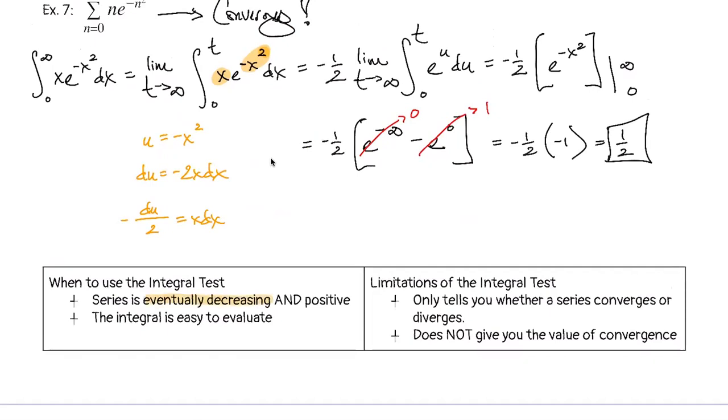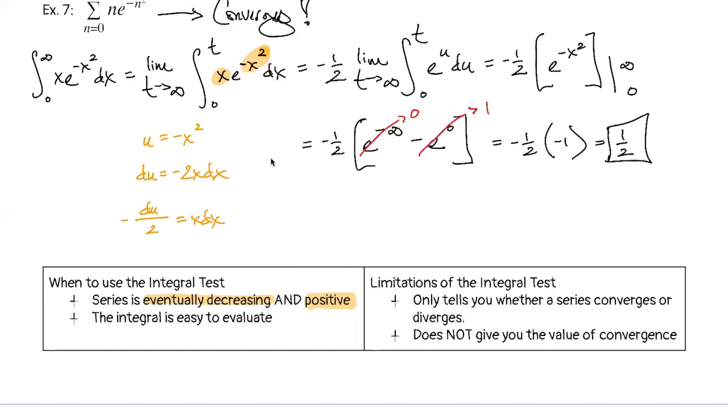If it's eventually decreasing and positive and continuous, then you can use the integral test. And the integral test is meant specifically for integrals that are easy to evaluate. So you shouldn't be doing multiple different techniques or that kind of stuff. In that case, it's probably better to choose a different test, okay?